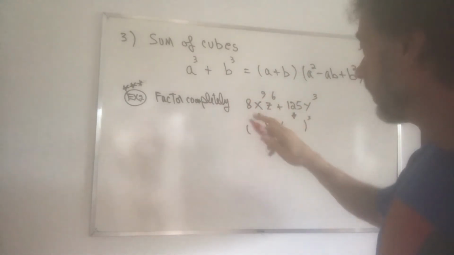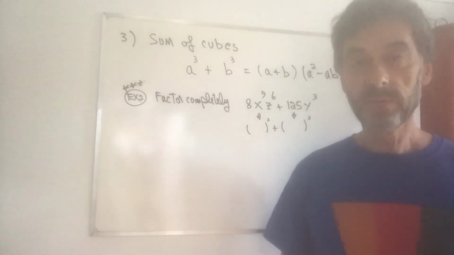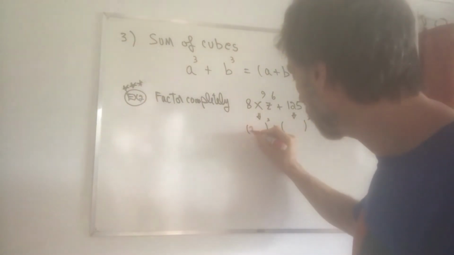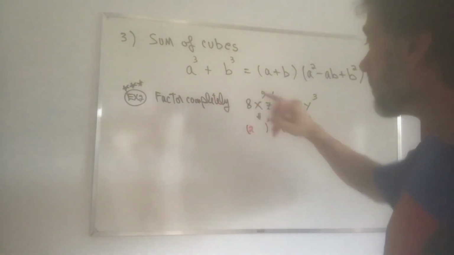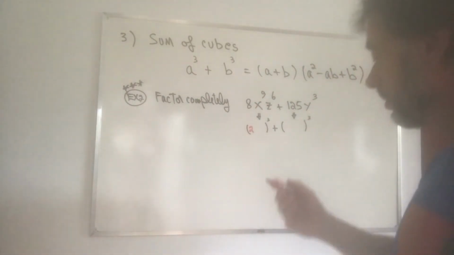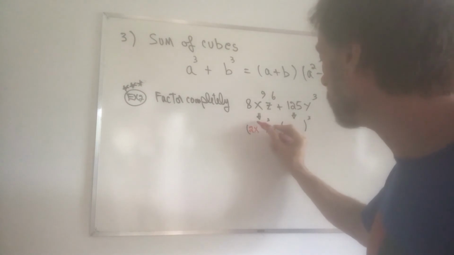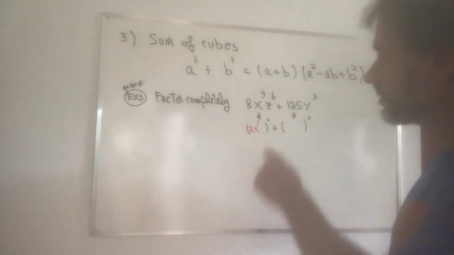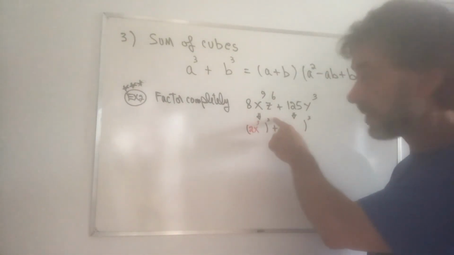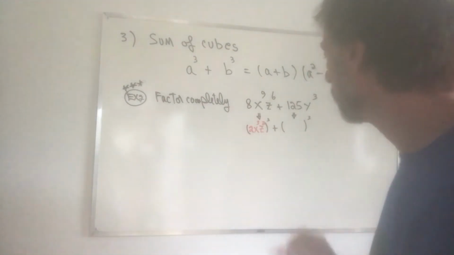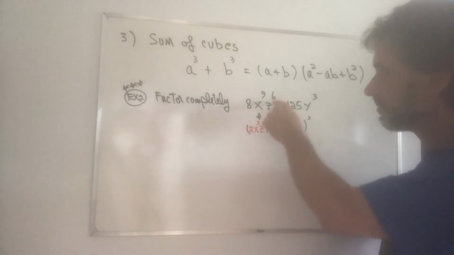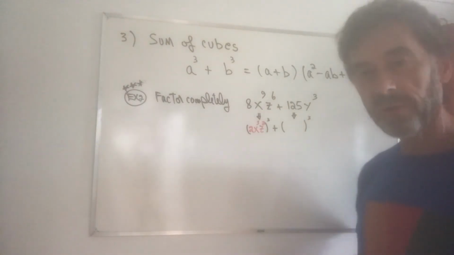Well, is 8 a perfect cube? Well, sure. 8 is actually 2 to the power of 3. x to the 9, is that a perfect cube? Sure thing. It's the cube of x cubed. Once again, x cubed to the 3 is x to the 9. And z to the 2 is z to the 6, because 2 times 3 is 6. So we got here a perfect cube.